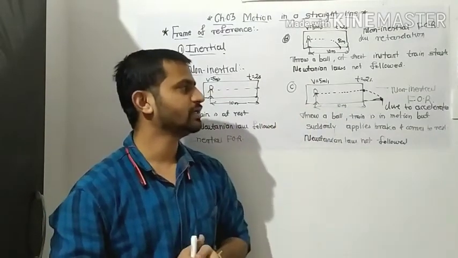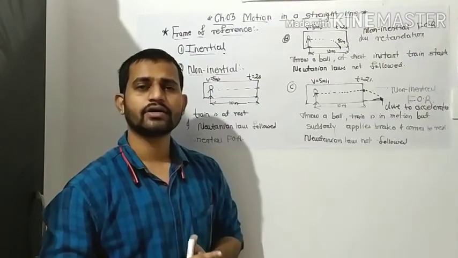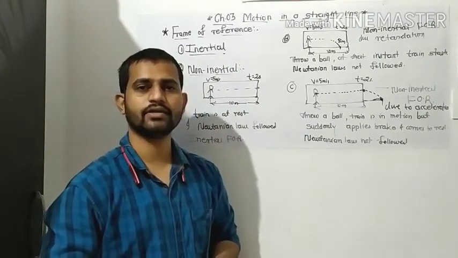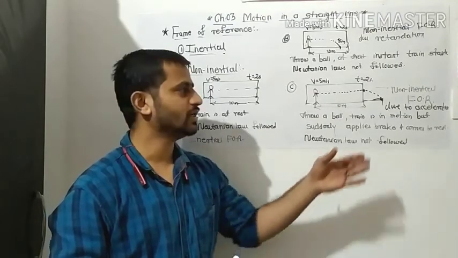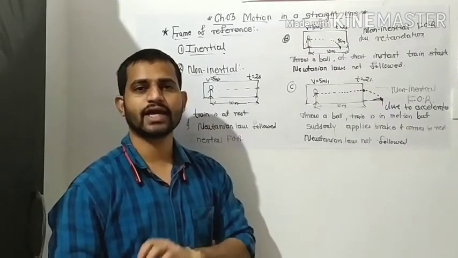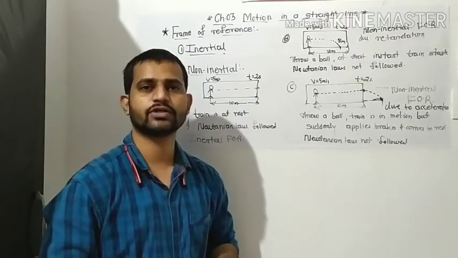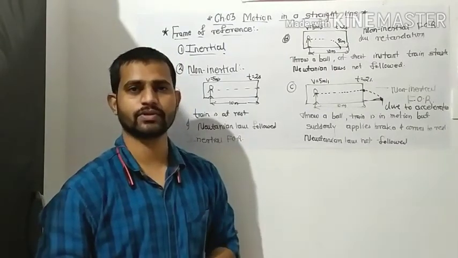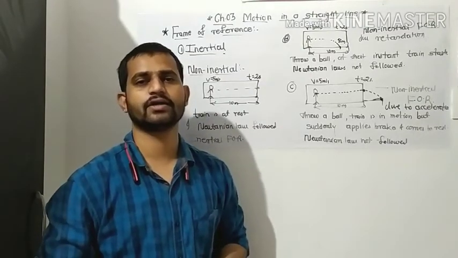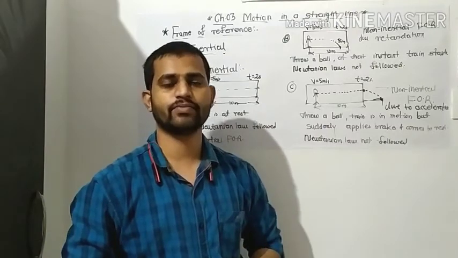And in the second case, there is acceleration and the ball gets a higher distance than required. So whenever there is the involvement of acceleration in any motion, that motion comes under the non-inertial frame of reference. And whenever there is uniform speed, uniform velocity, that motion comes under the inertial frame of reference.